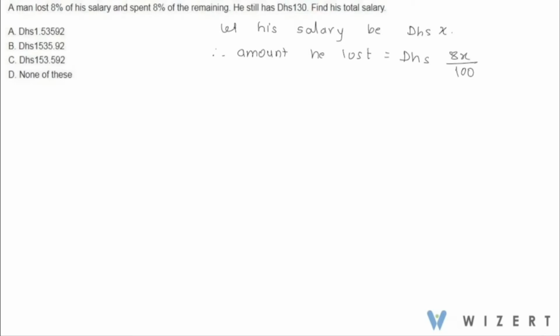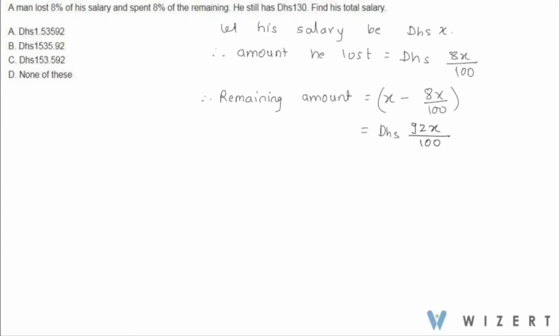So the amount that is left with him will be, therefore, remaining amount will be equal to x minus 8x by 100, which is equal to 100x minus 8x by 100, which is equal to 92x by 100. Again, this is dirhams, DHS. Now this is the remaining amount with him.